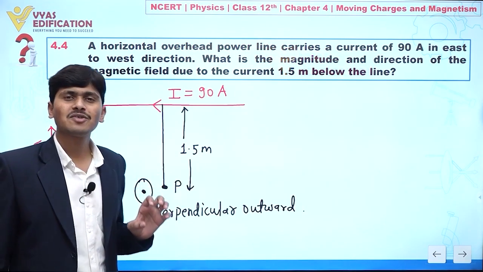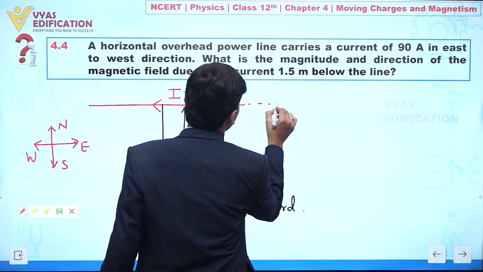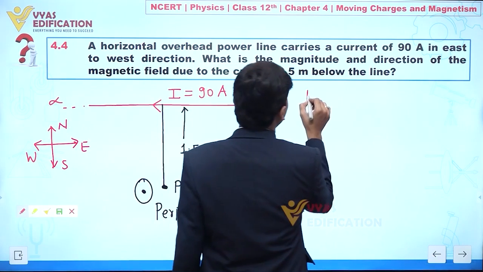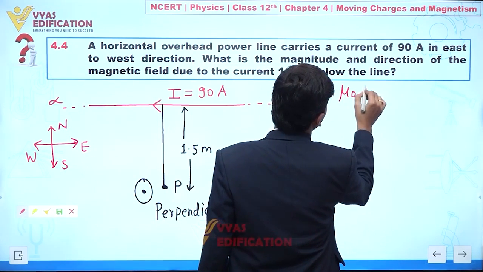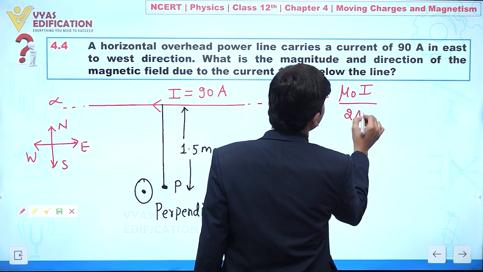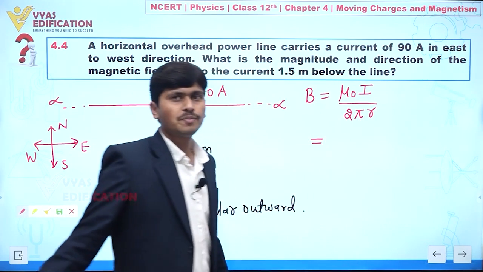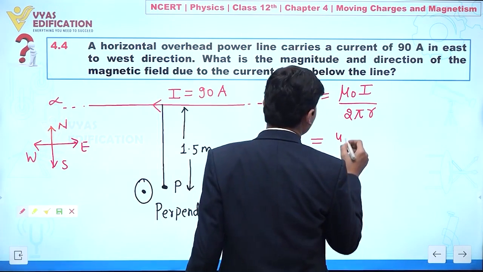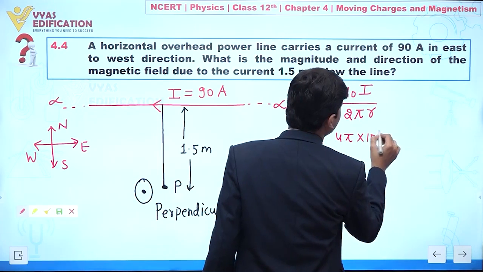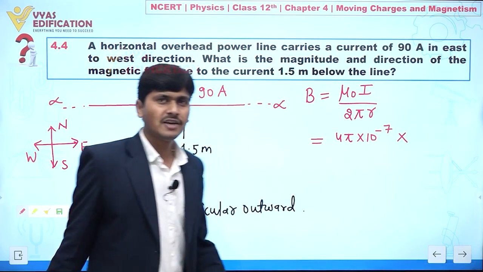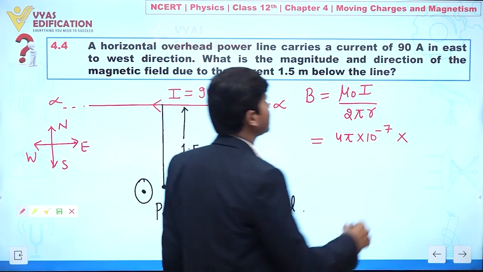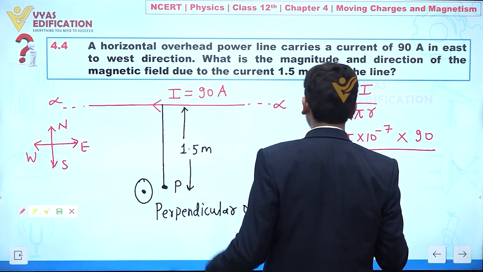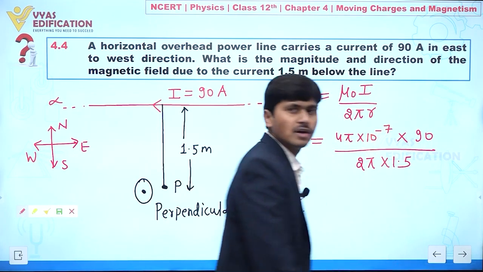Now can we calculate the value of the magnetic field? B is given by mu naught I upon 2 pi r. The value of mu naught is 4 pi into 10 to the power minus 7, multiplied by the current 90, divided by 2 pi, and r is given as 1.5 meter.